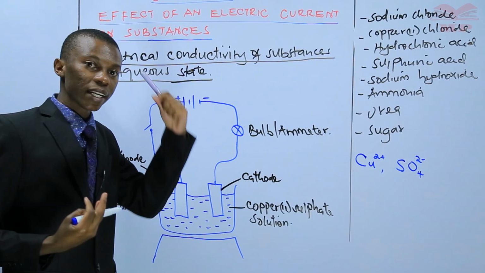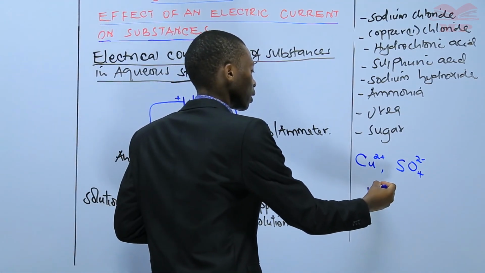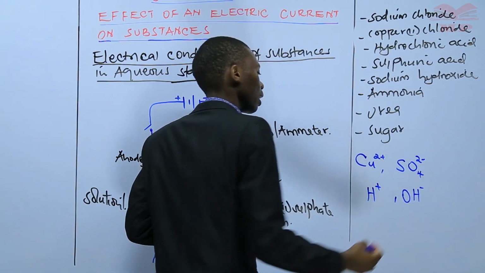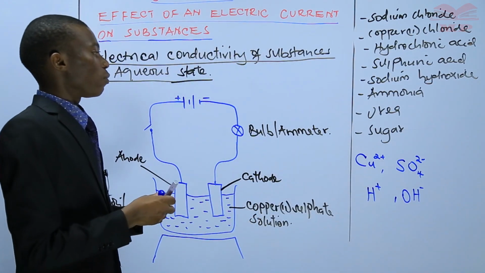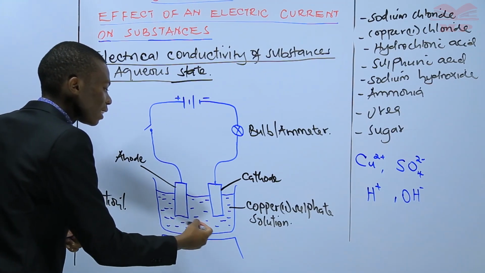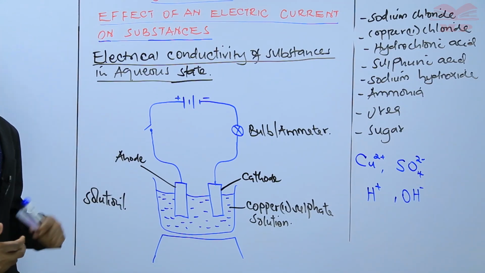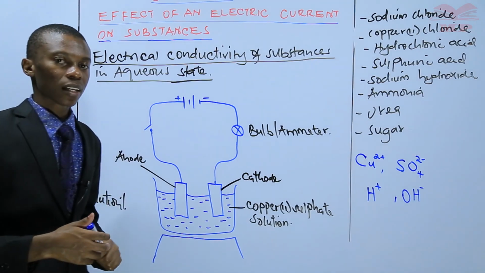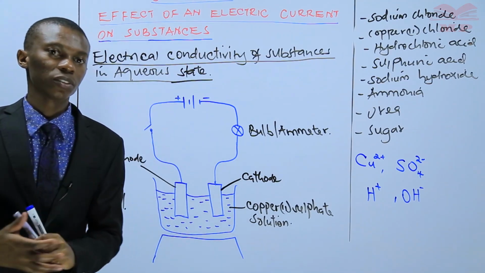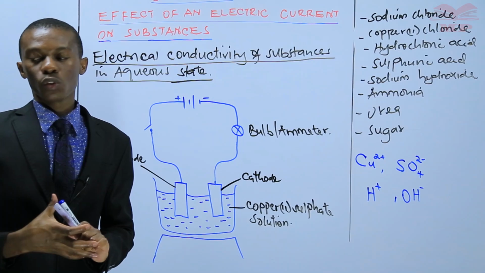But because you've added water, there are also hydrogen ions and hydroxide ions. Therefore, we have copper ions, sulfate ions, hydrogen ions, and hydroxide ions in copper 2 sulfate solution.